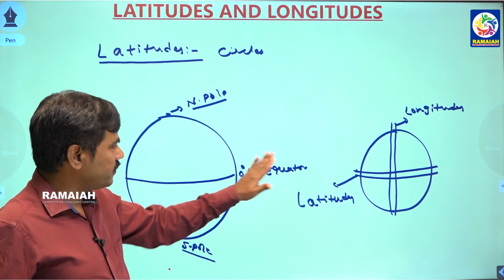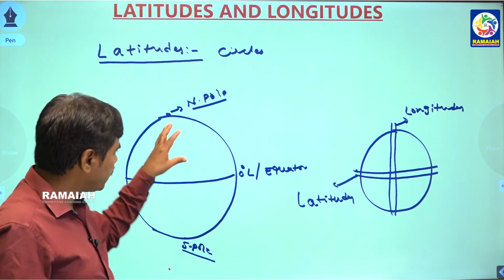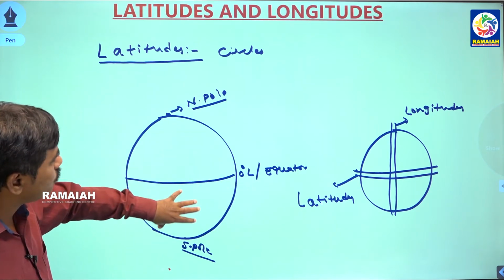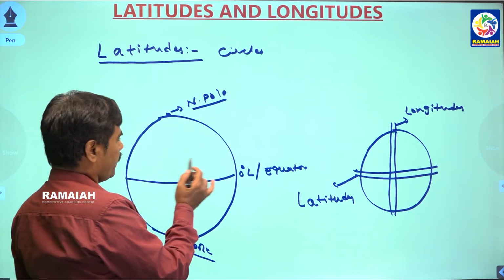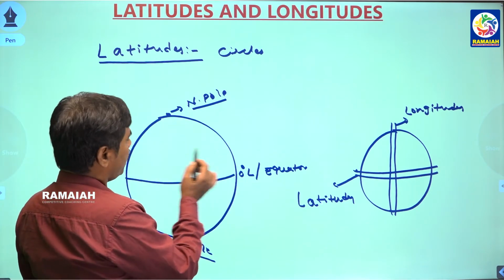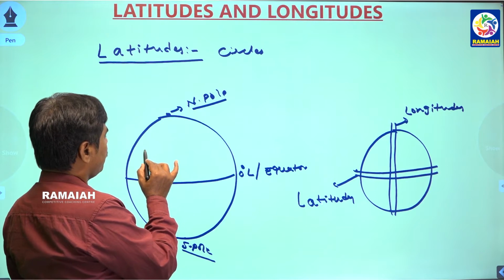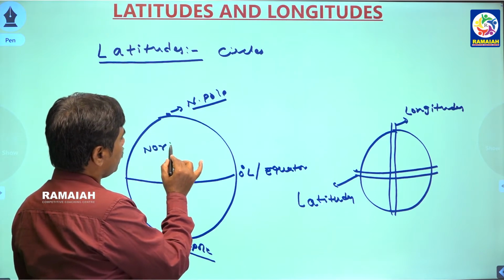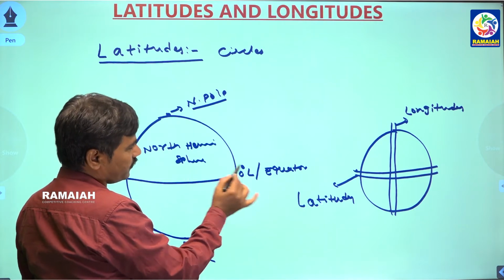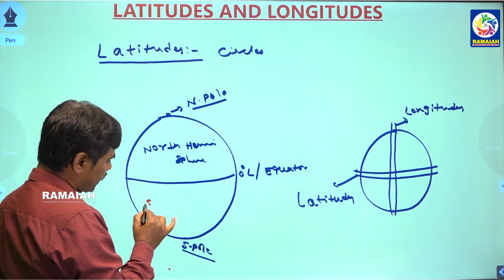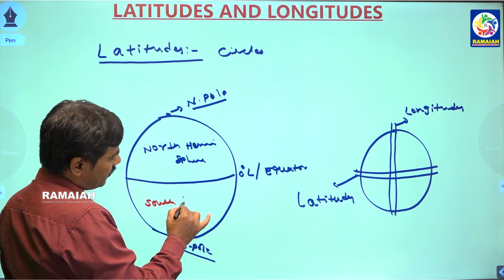By the equator, or 0 degree latitude, the earth surface is divided into two equal parts. The northern part, the upper part of the equator, is called the north hemisphere. The southern part is called the south hemisphere.